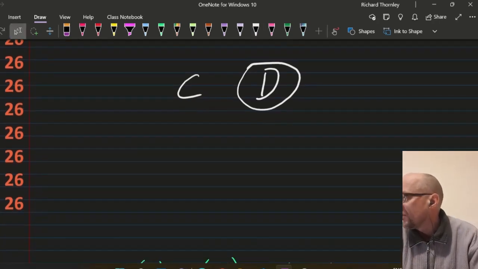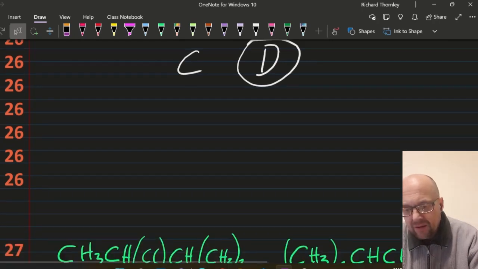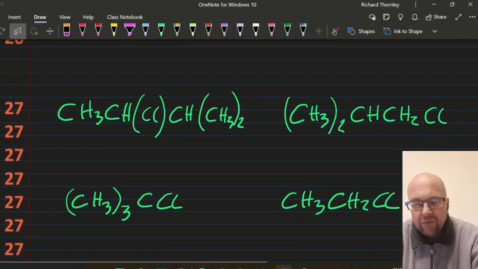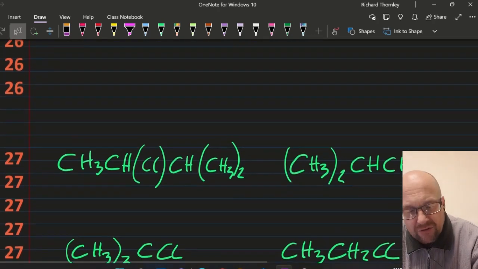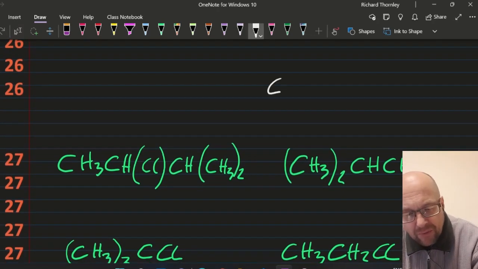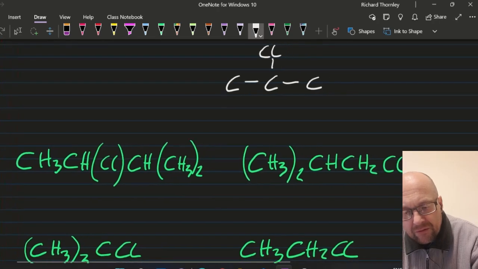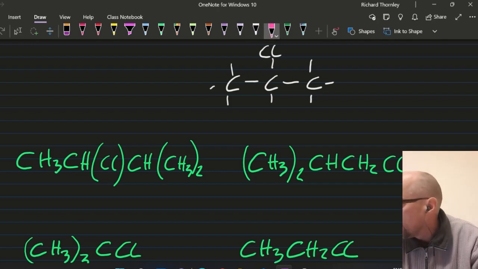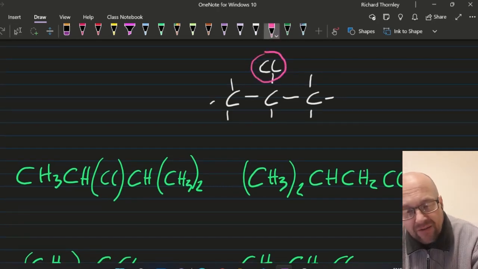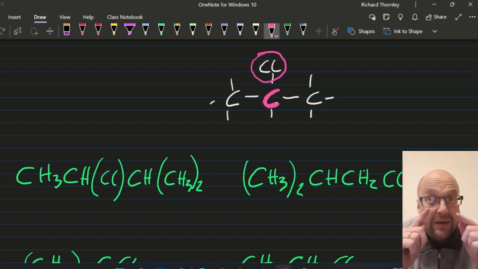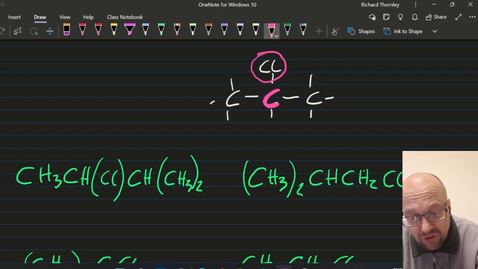27. What has a secondary carbon atom? So secondary, I'll do the simplest one that it could be. The simplest one it could be would be this. So that's secondary because the rule is it halogens? Yeah. So find the halogen, find the carbon it's attached to. How many carbons are directly attached? There are 2.